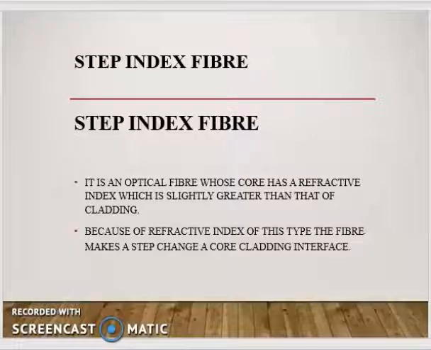The refractive index of cladding is also constant. The light rays propagate through it in the form of rays which cross the fiber axis during every reflection at the core cladding boundary.